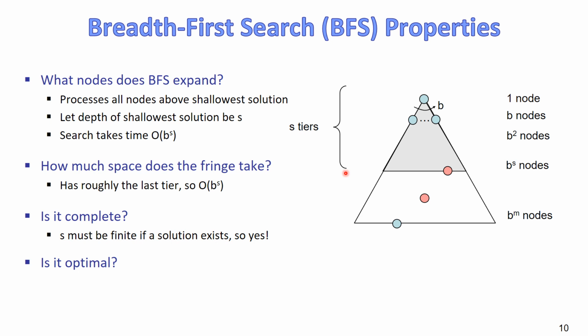It's optimal with the general definition. Ghanem, let me explain this point to you. It might take too much time, but there is no other better solution if it found one. That's the meaning of optimal. And optimal doesn't mean that it will take much less time than other algorithms.